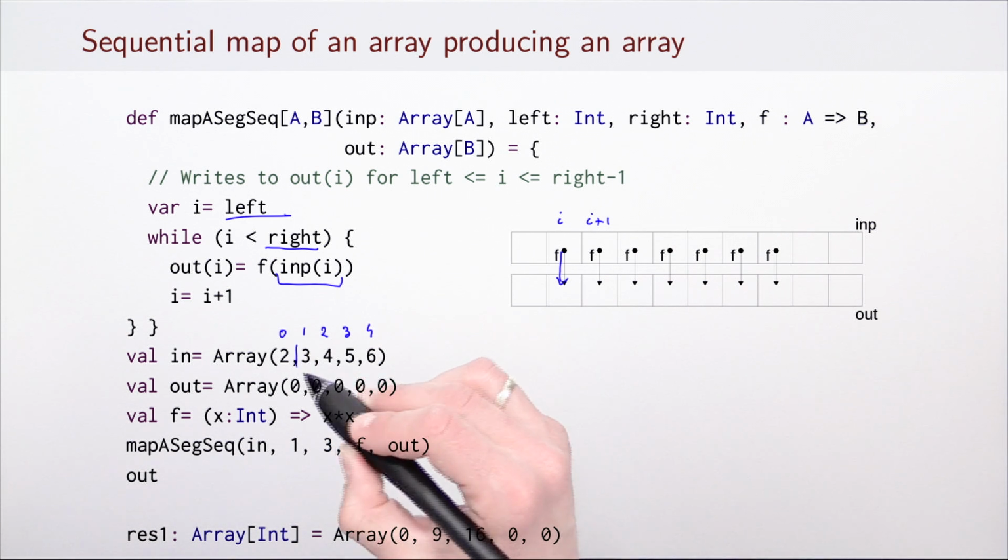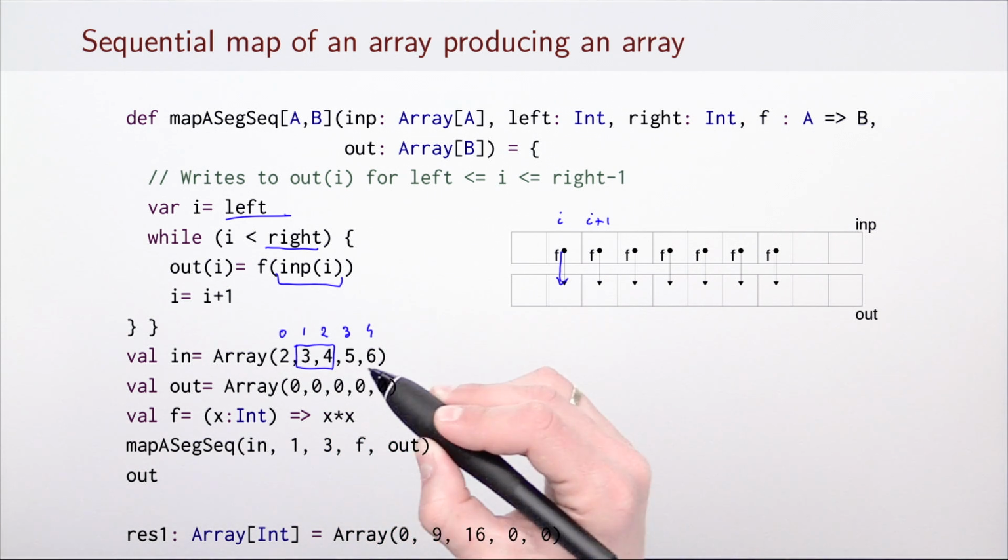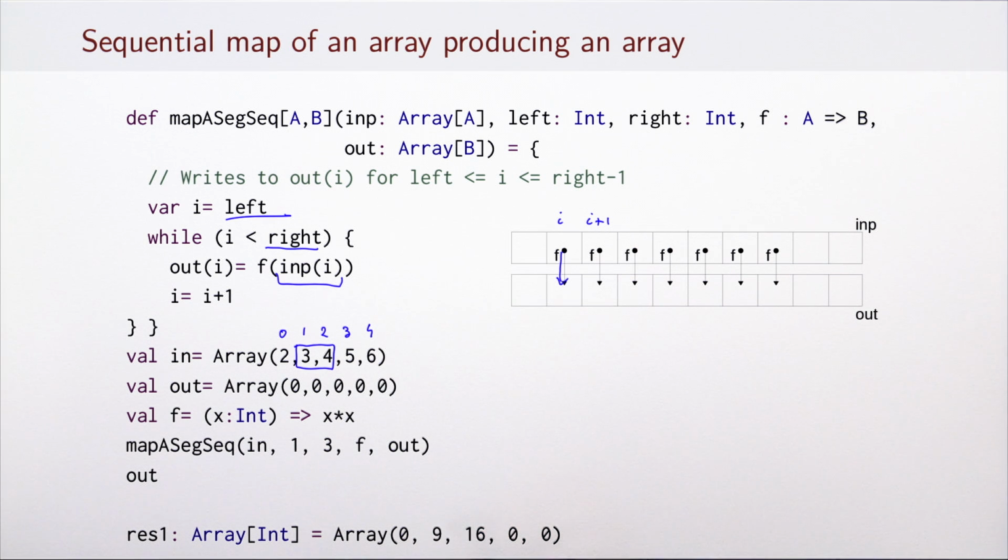So we'll process the elements at index 1 and index 2, and that's why the result will contain 9 and 16, and the remaining elements will stay at 0. So that was the sequential version.